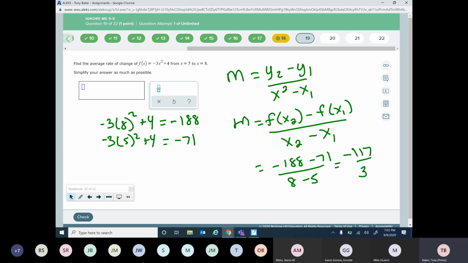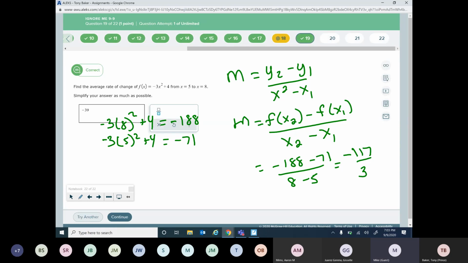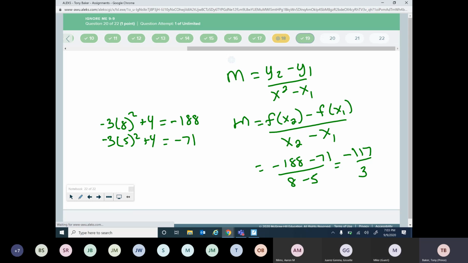No, 39. So it's negative 39. So even though it's calling it the average rate of change in this function, everything else like that, all you're in essence doing is the slope equation. Just makes it another little complicated way to look at it, but in essence, it's just the slope equation.